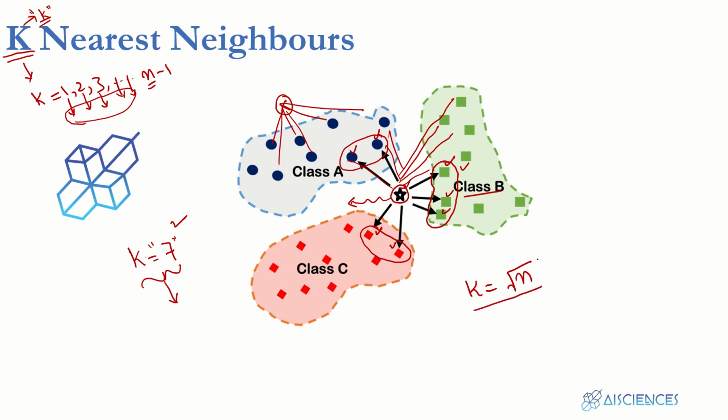That's one rule of thumb, although one may have a different value of K working better on a specific data set, but that's the heuristic most practitioners use if nothing else is available. So that's the K nearest neighbor classifier.